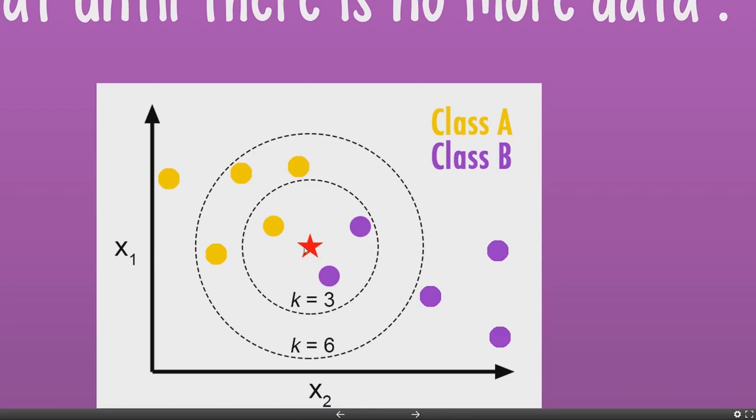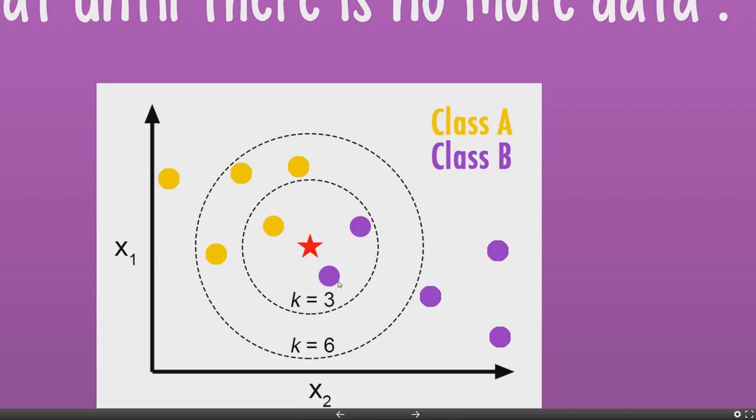After putting this data point, we need to choose our k. K is the number of neighbors we need to choose beforehand. Don't mix it with the K-means algorithm. We are talking about the KNN algorithm. In KNN, k is the number of neighbors we should look at. For example, if k equals 3, we look at the closest 3 neighbors.